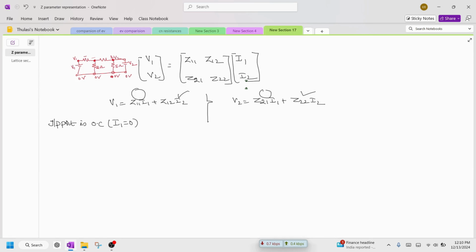When I1 is 0, you get Z12, which is V1 by I2, and Z22, which is V2 by I2. We need to find these two ratios. How to find? Let's see from this problem. Now I am going to redraw the network. So now the current in this branch, okay.